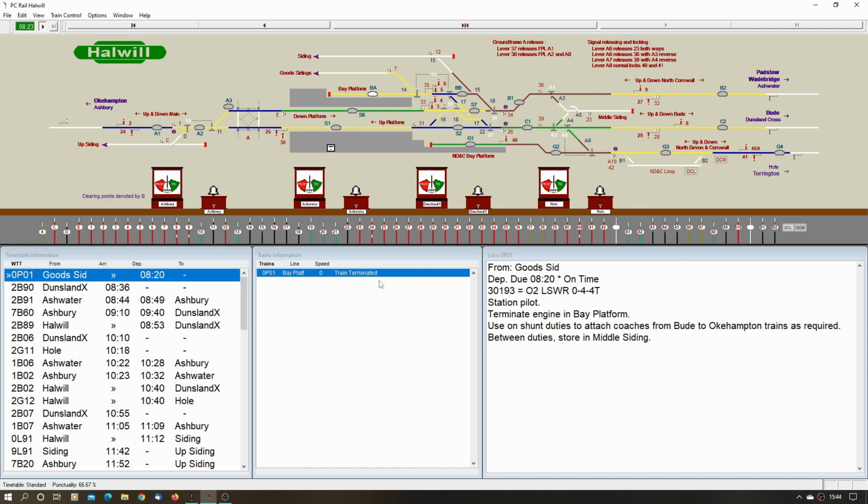Right, 34's back, train's terminated. Do I need to put these points back? Seems the best to. So unlock 20. Let's try 80. Yeah, oh, that's it. That's all I need to move.